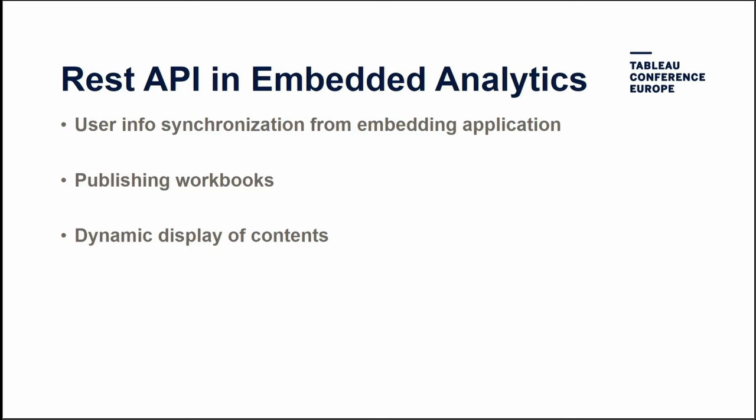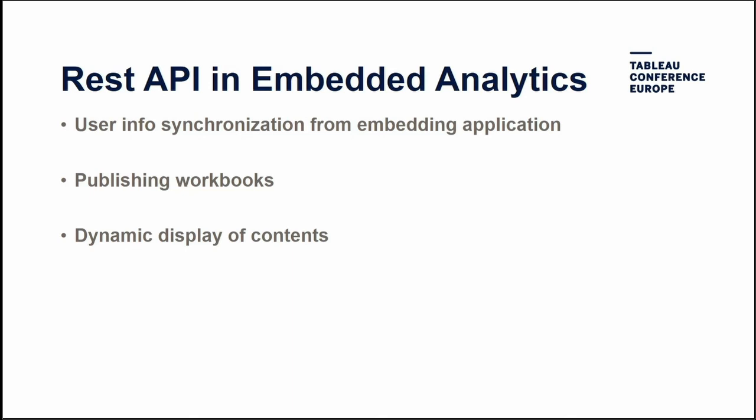On the one hand, you want to synchronize your users between your portal and the Tableau server. That's very important. That's done by the REST API. So let's say a user can sign up and log in on your portal, and in the background, Tableau server creates a user straight away in the back end.